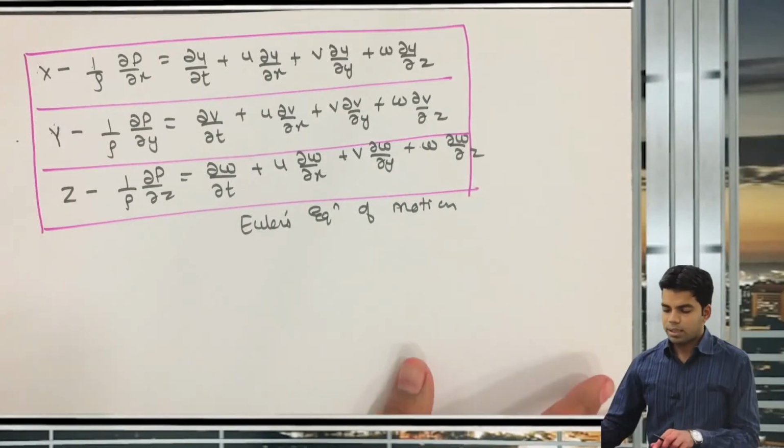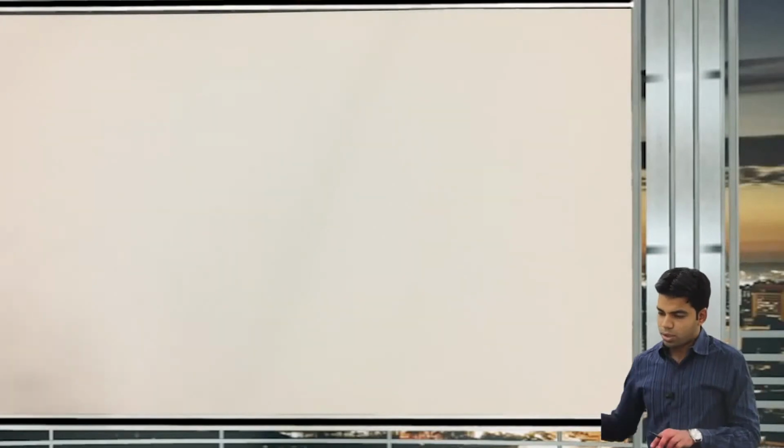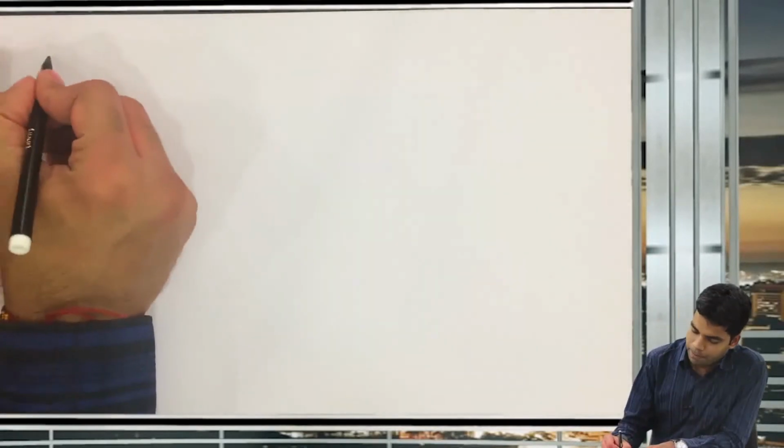Now there are certain assumptions which are made in order to derive this equation. So we will now see the assumptions made by Euler.